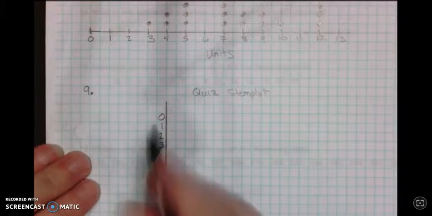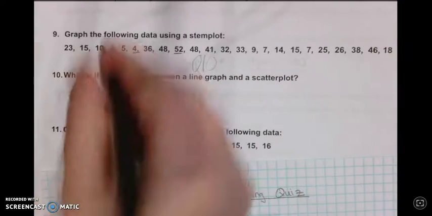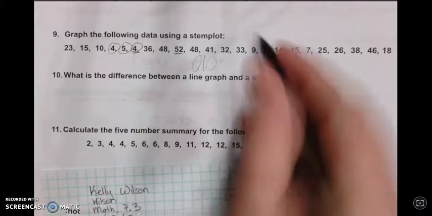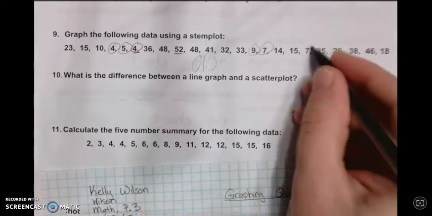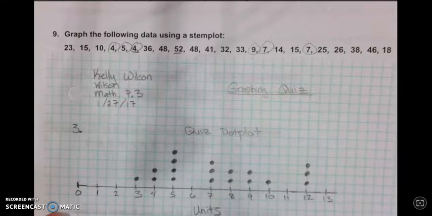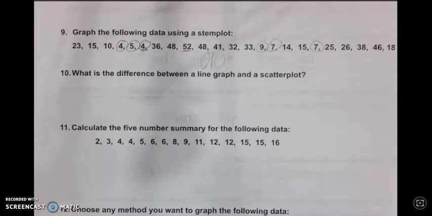So starting with the single digits, I'm going to circle them on here, because you have to put these in order before I write them down. So I'm going to find everything that's a single digit. There they all are. And then record them in order on my graph.